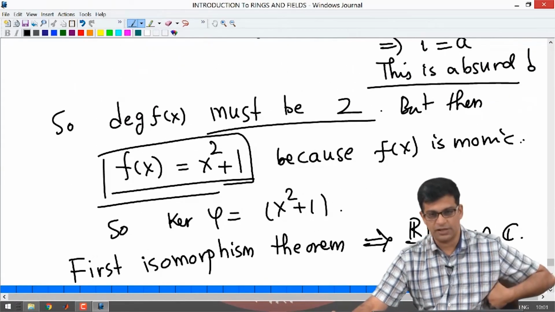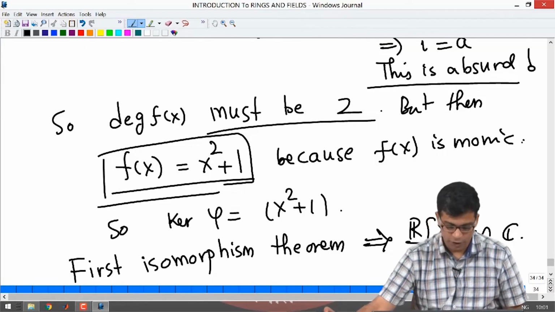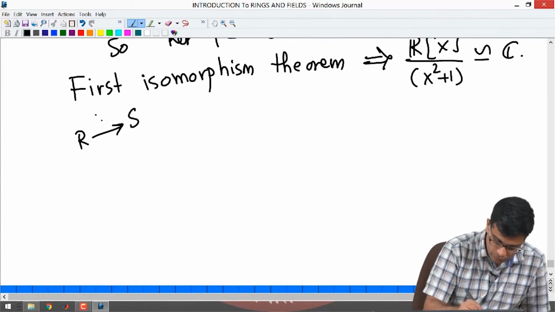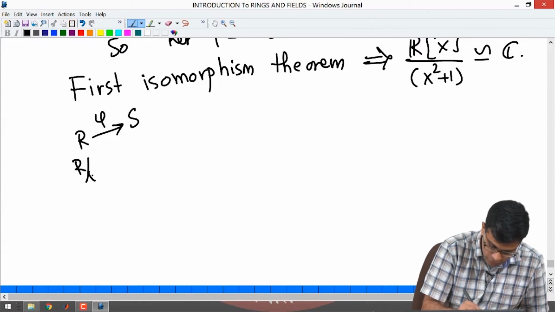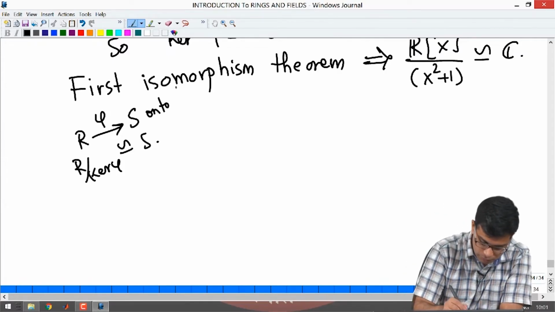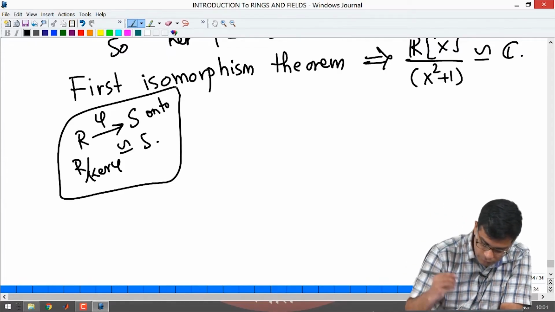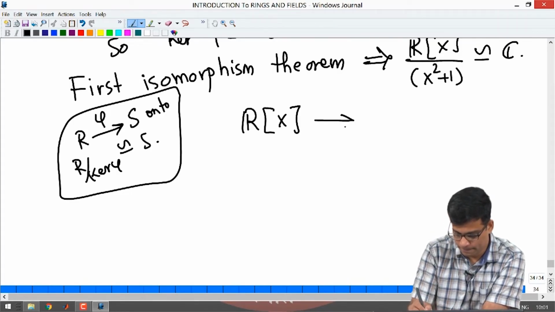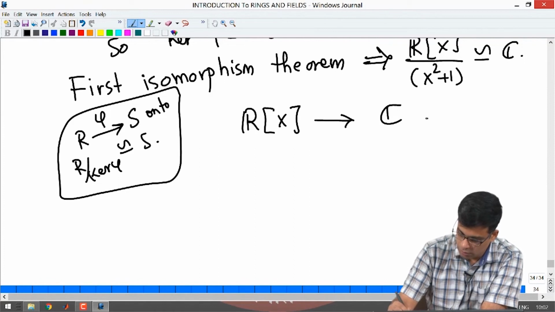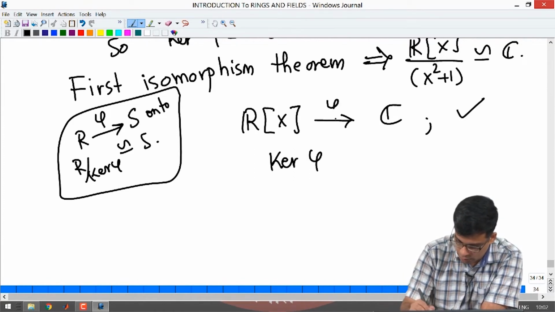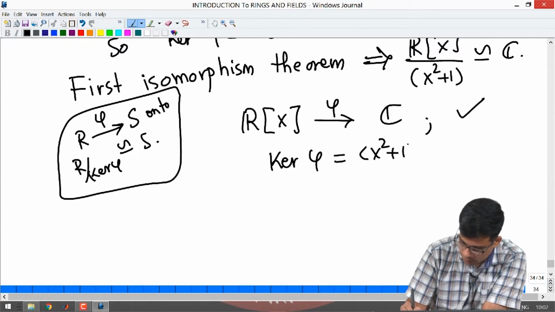So, first isomorphism theorem says from the previous video, if you have a ring homomorphism R to S, R mod kernel phi is isomorphic to S. However, remember this must be onto. Okay. So, in our situation we have R x to C, we have kernel of phi is x squared plus 1.